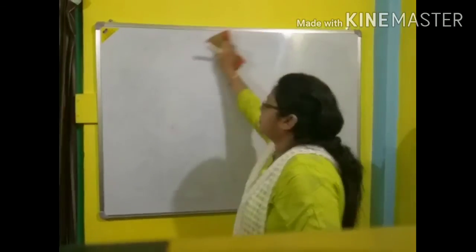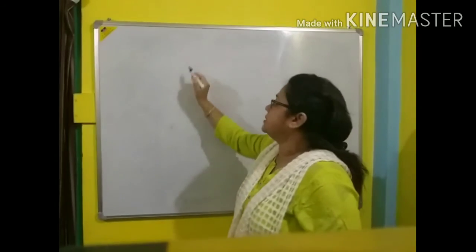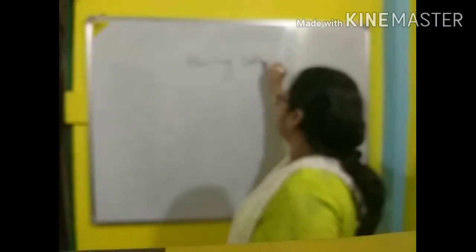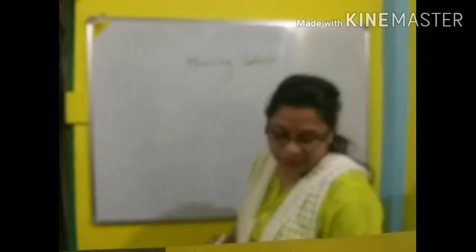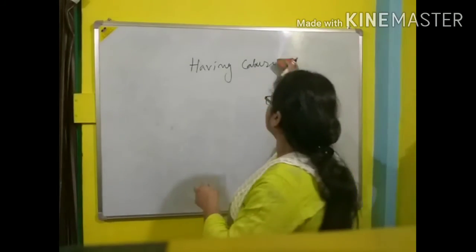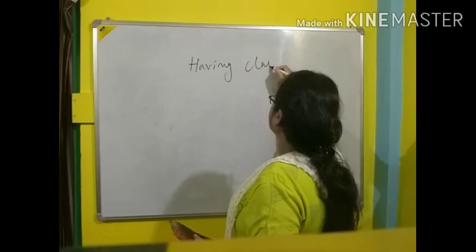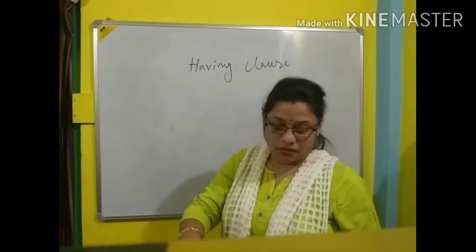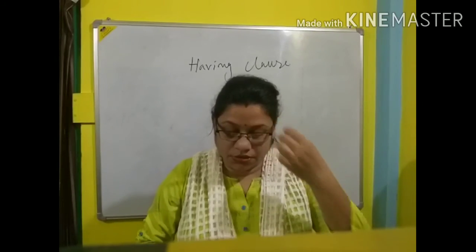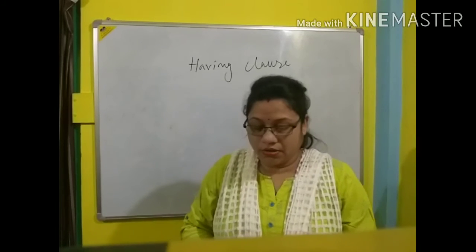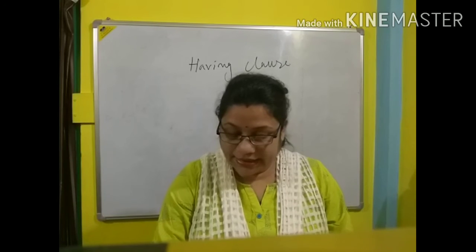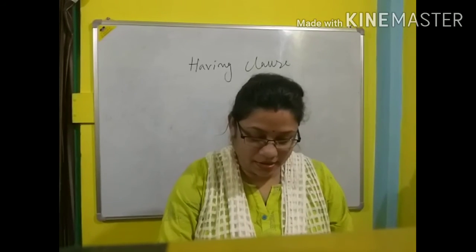Now the last one is the having clause. The having clause is used with the group by clause to filter the record set created by the group by clause.